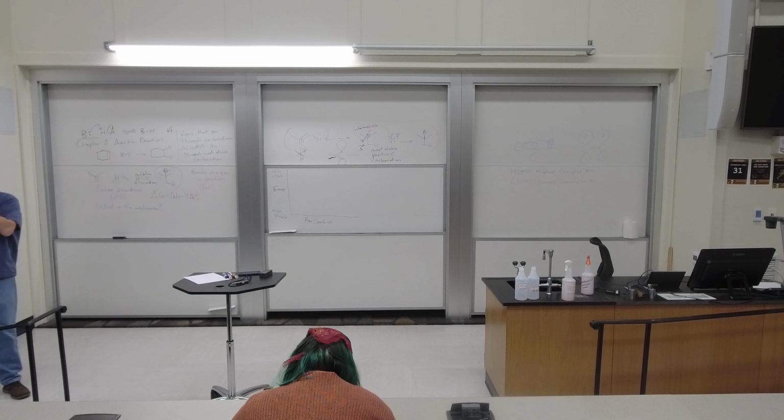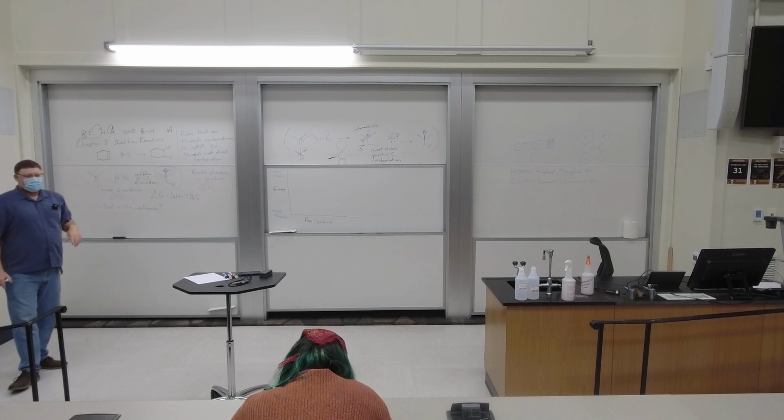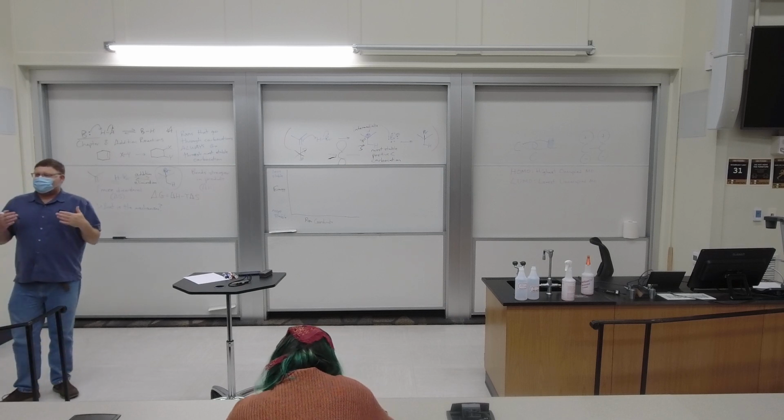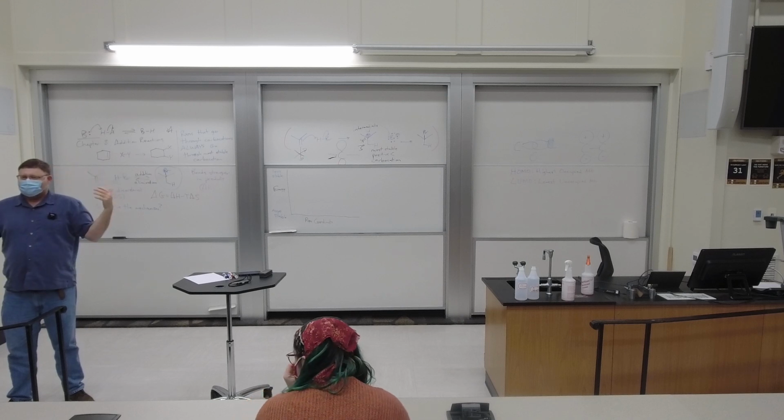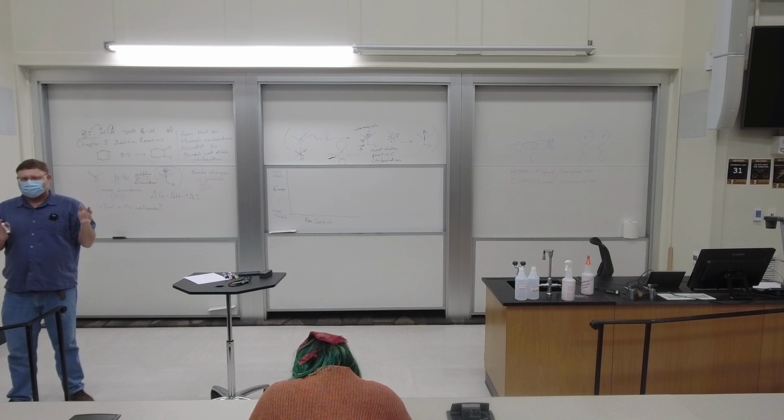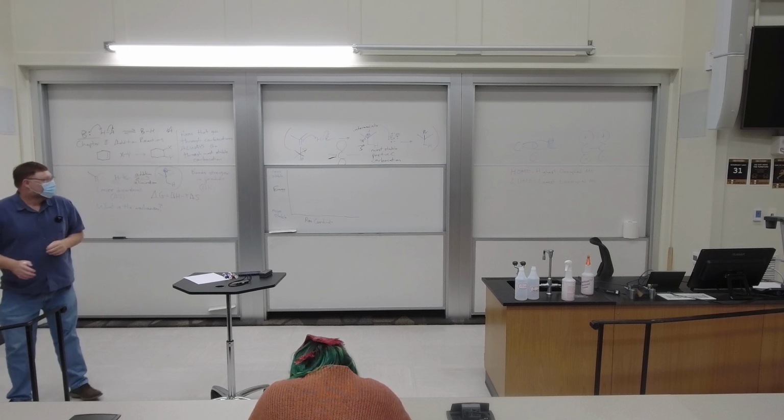Orgo students are always at a bit of a disadvantage. I have decades of experience of what compounds you can isolate and what compounds you are not going to be able to isolate.